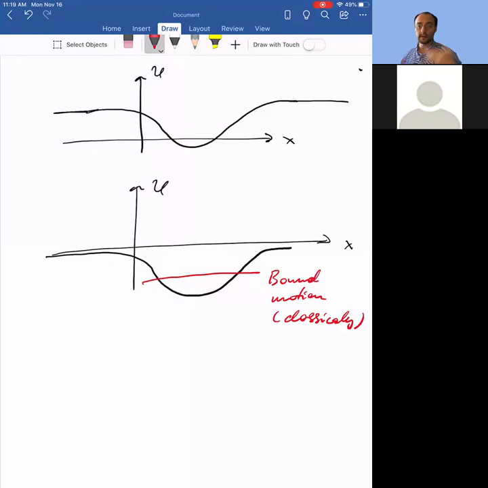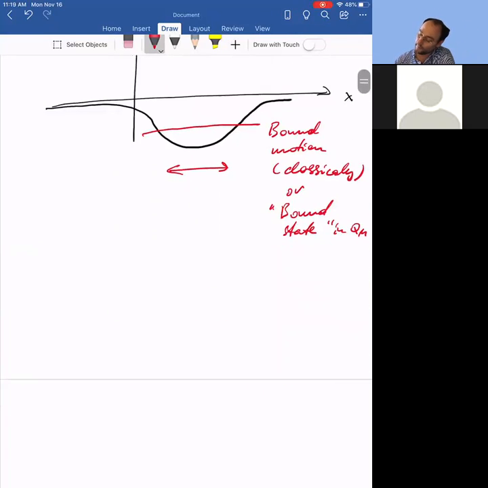So in classical physics, we would call it bound motion. For example, this would be some kind of a particle oscillating back and forth, or this is called the bound state in quantum mechanics. And various types of bound states can exist.